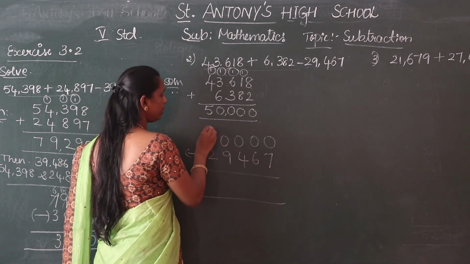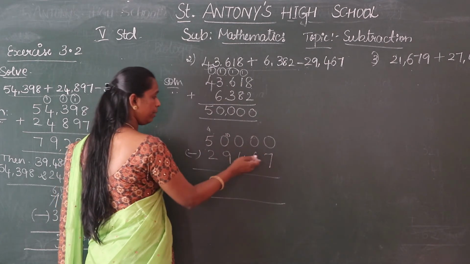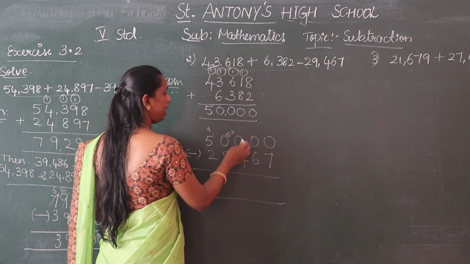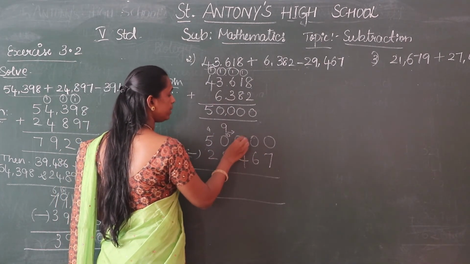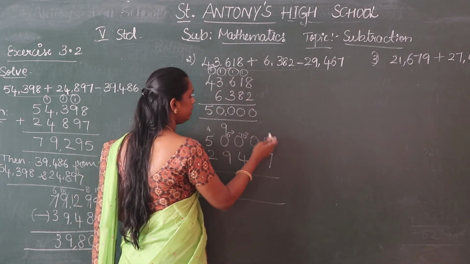This 5 becomes 4. This becomes 10. Again we take borrow from the next place. This becomes 9 and this becomes 10. And take borrow from the next step.